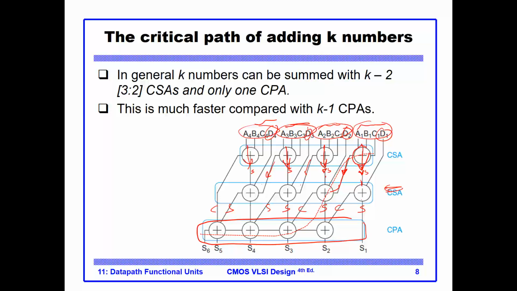So this method requires k minus 2 carry save adders and 1 carry propagate adder. This is much faster than k minus 1 carry propagate adders, the serial method that we saw previously.